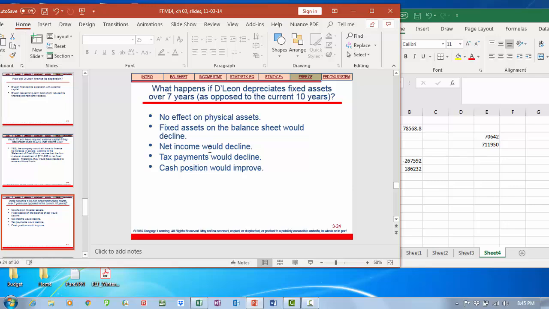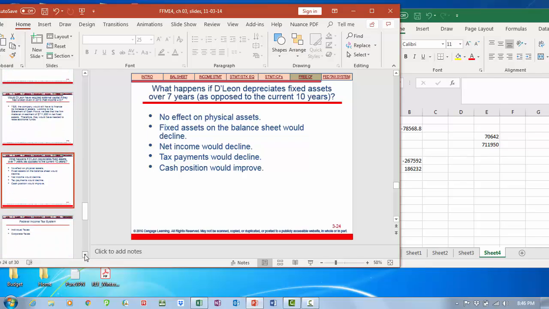So taxes would reduce. Cash position would improve because the charge-back that you're taking, this money is going to come back to you. Now, ideally, you should keep that money aside for the replacement cost of the machine, but in the short run, sometimes you can use those funds for some other uses.